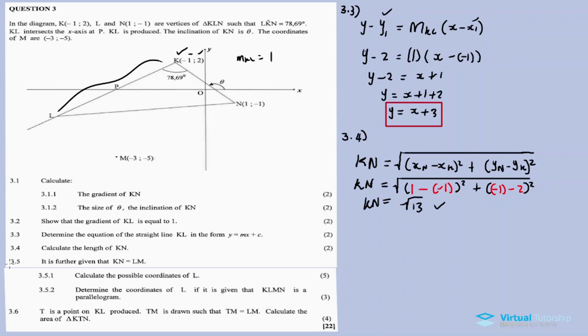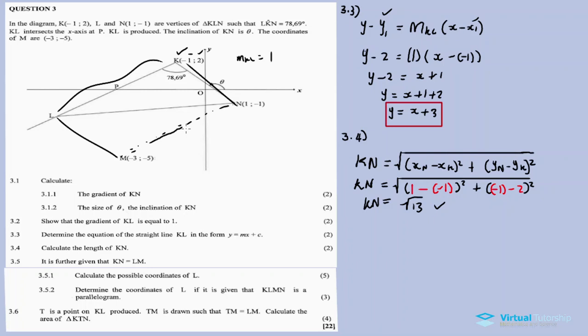3.5. It is further given that KN is equal to LM. KN is equal to LM, right? Look, if I connect these points, I get a quadrilateral.